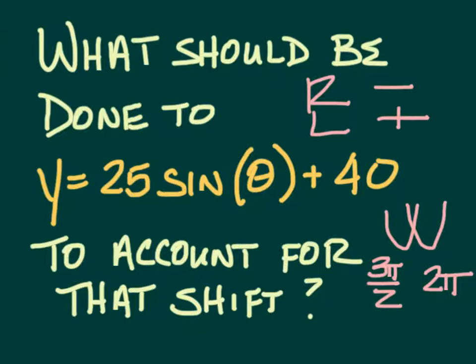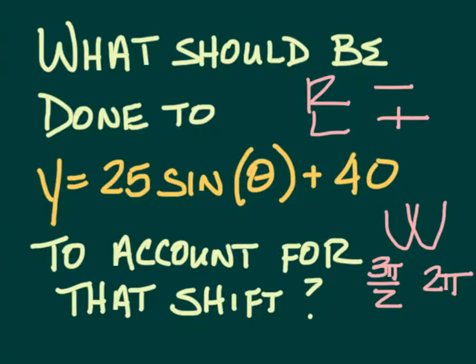So what is the difference between 2 pi and 3 pi over 2? Do you know what 3 over 2 represents as a decimal? 3 over 2 as a decimal or as a mixed number is what? Can't hear you. 3 over 2 as a decimal or a mixed number equals what? 1.5. So what is the difference between 2 and 1.5? 0.5. 0.5 as a fraction is what? 1/2.